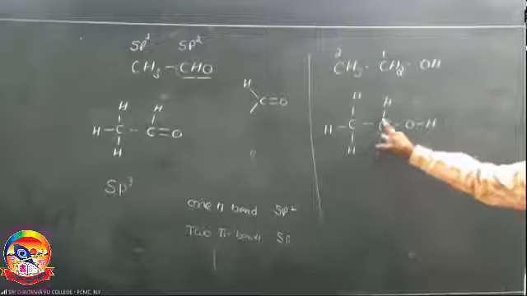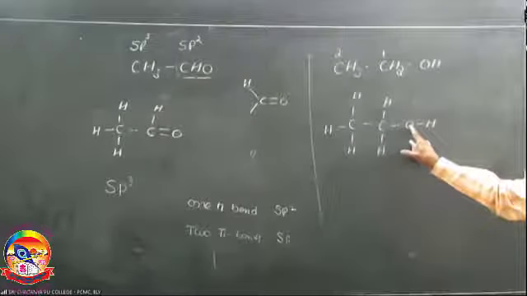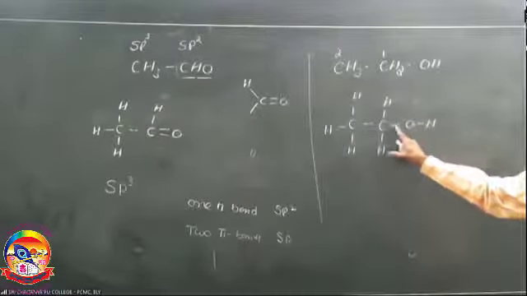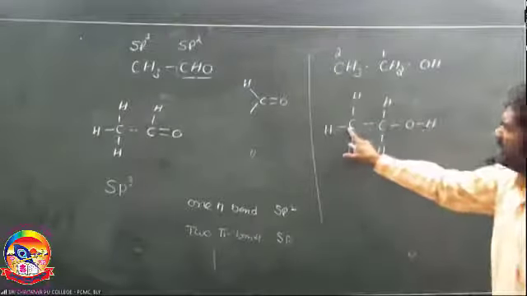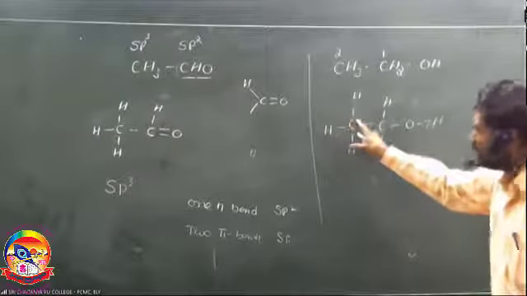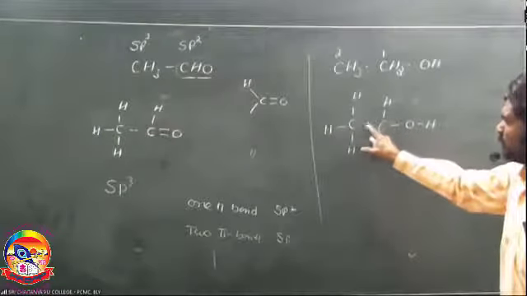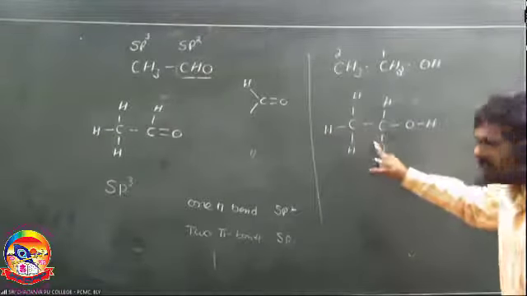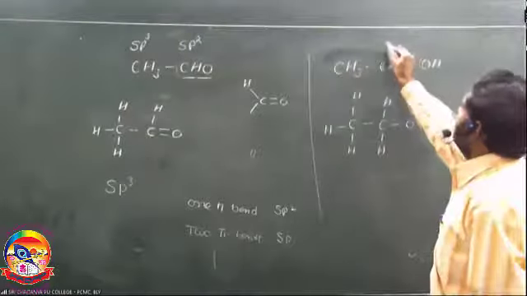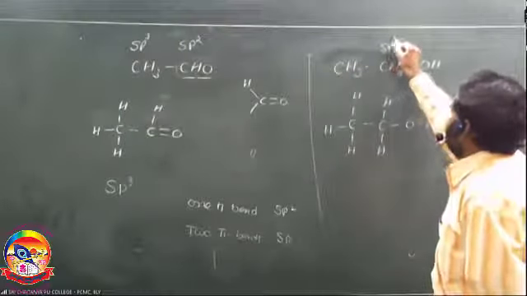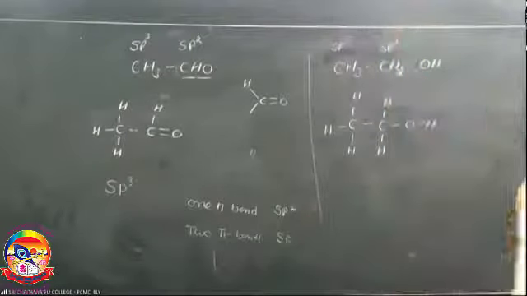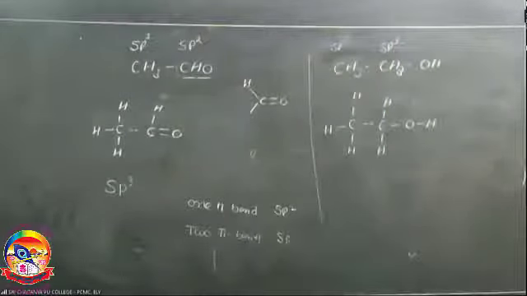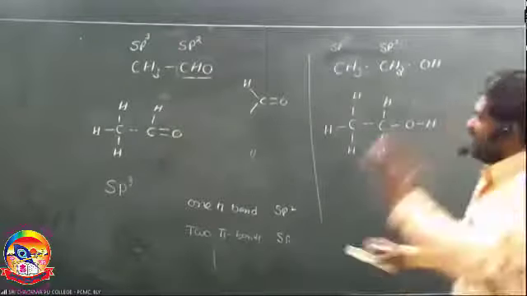Next, the divalency of oxygen is satisfied by 2 bonds. Hydrogen is monovalent. So both carbons are attached with only single bonds. So the hybridization of the first carbon is sp3, and the second carbon is also sp3. So in ethyl alcohol, the hybridization of both carbon atoms is sp3 and sp3.